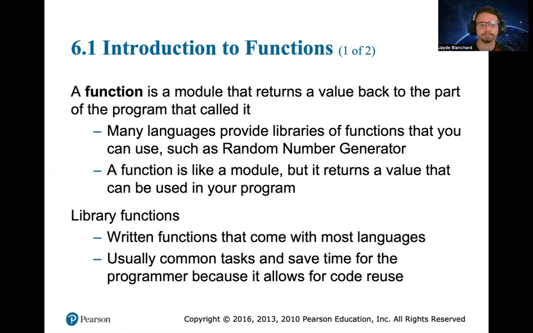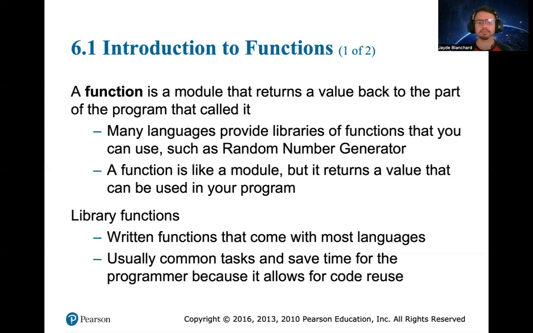Now, many languages will support the writing of your own functions, such as Python and Java, the ones that we're going to be focusing on. However, some of the older languages do not support the writing of your own functions. However, they will provide library functions. And what those are is pre-written functions that were already written by somebody else, by whoever created that coding language.